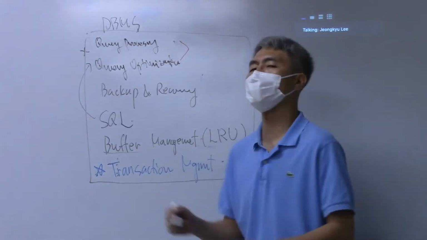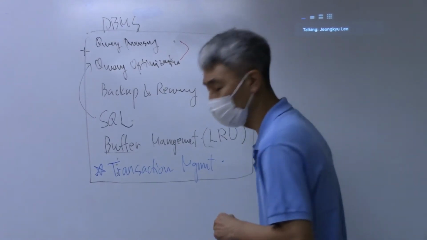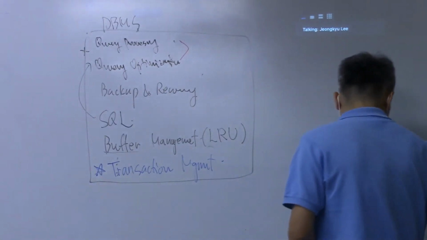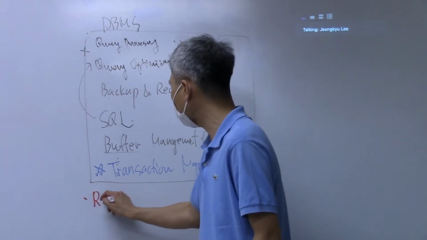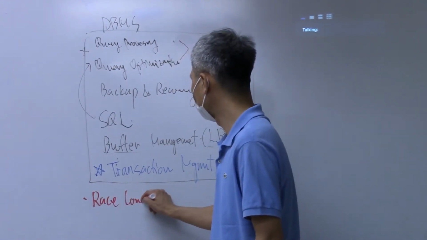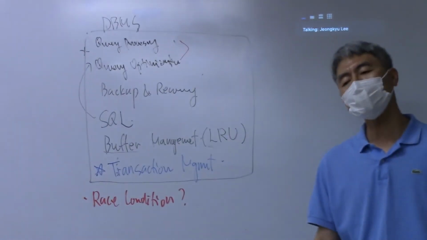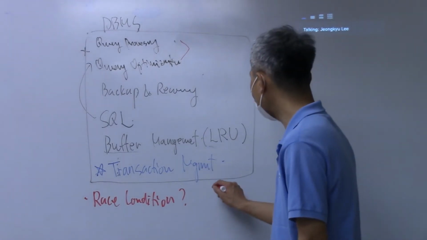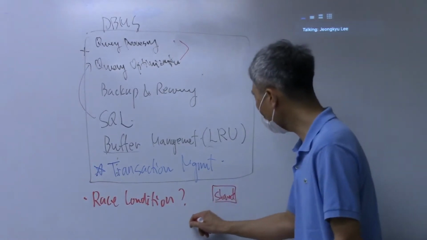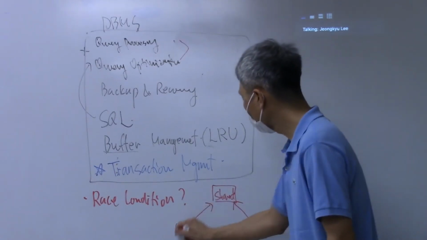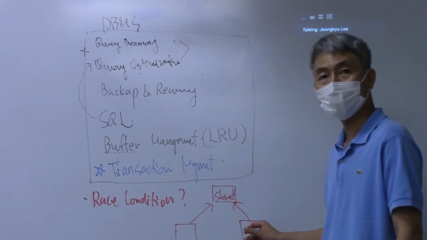So what is transaction management? Transaction management actually starts from the operating system. In your operating system class, you learned about the race condition. So what is a race condition? A race condition happens when you access shared data by consumers.